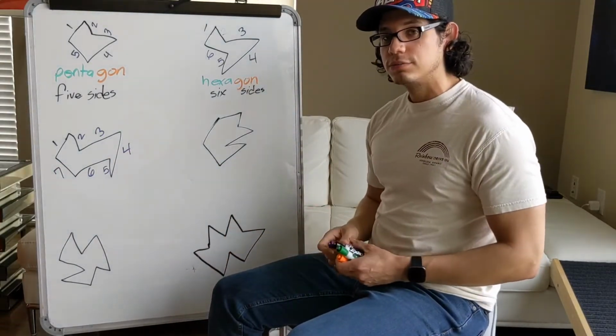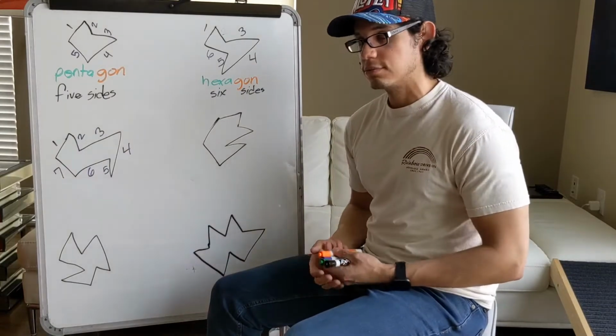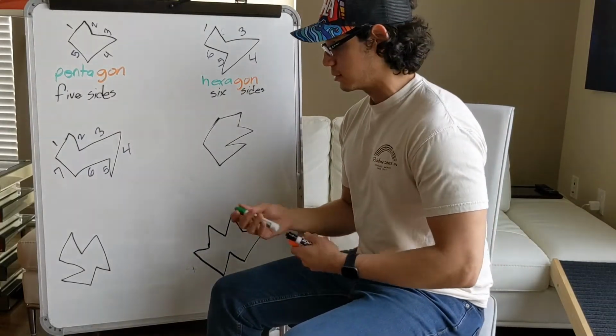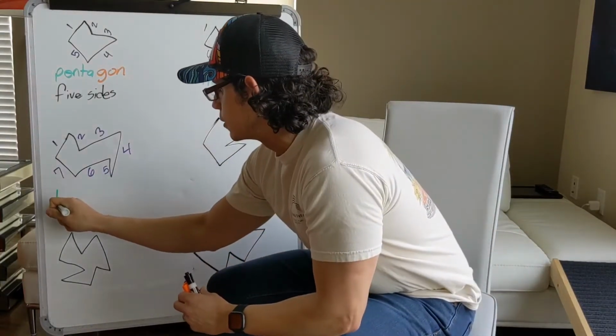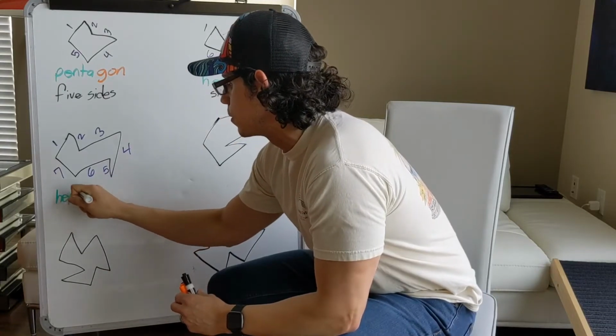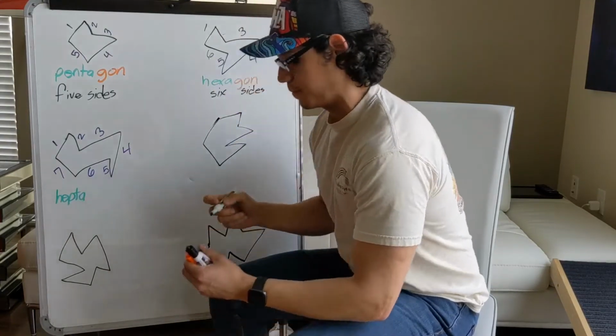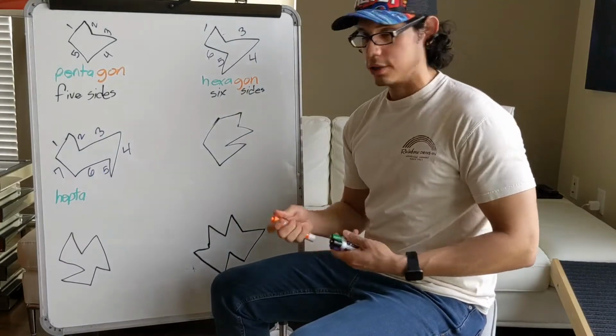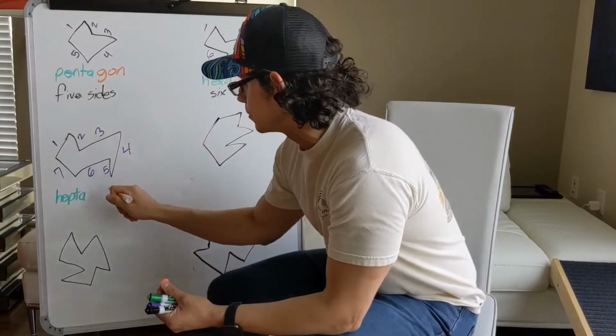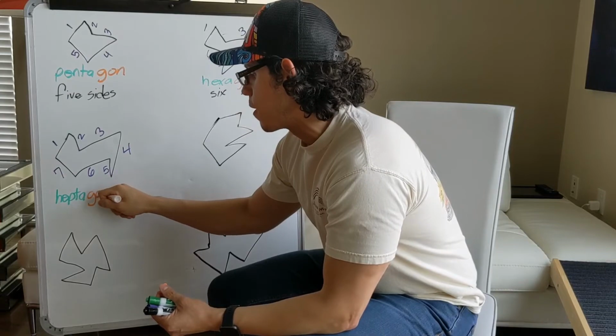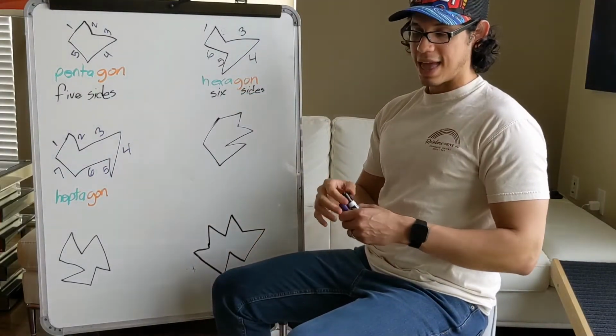Look at your anchor chart. You're gonna find that 7 means hepta. So I'm gonna write hepta. I'm gonna finish out my word with gon, because gon means side. Heptagon.